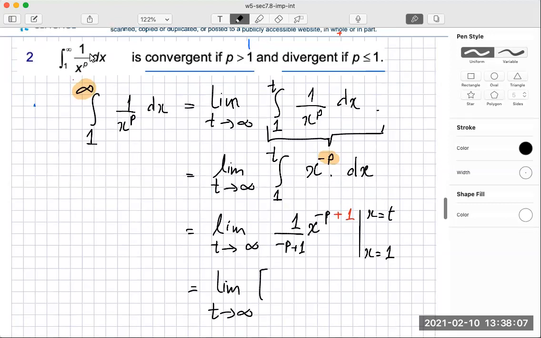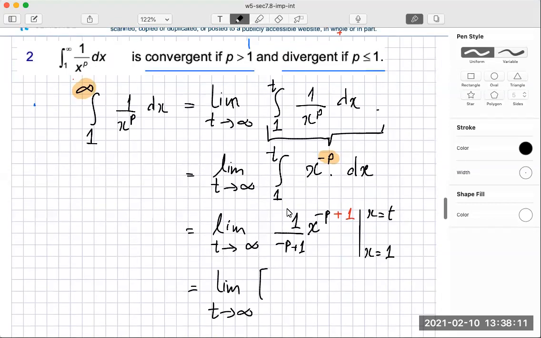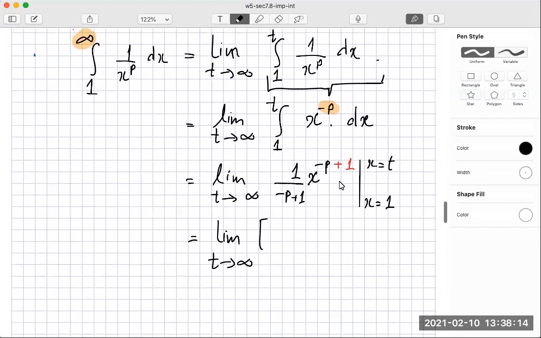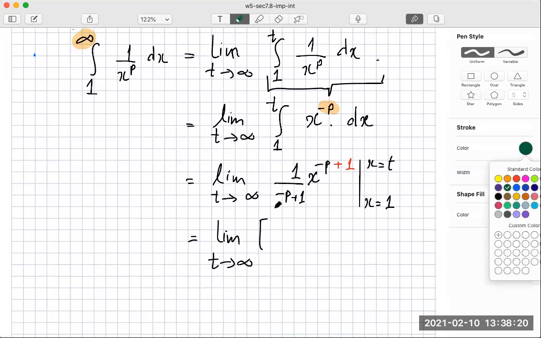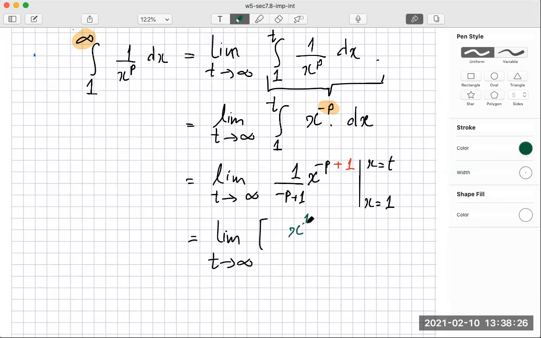So we're trying to do this example, right? Continue with section 7.8. And here, when x is equal to t, what do we have? Therefore, we can rewrite it as x to the 1 minus p here, right?